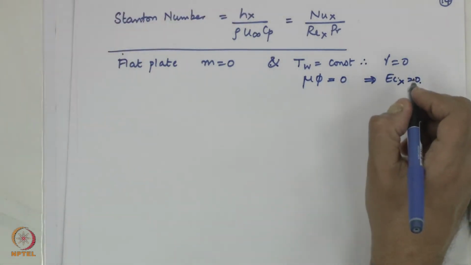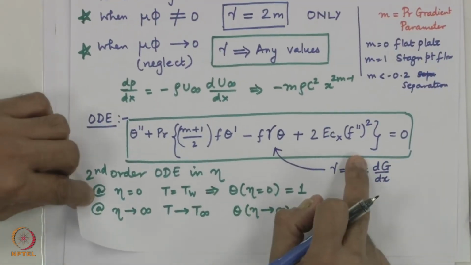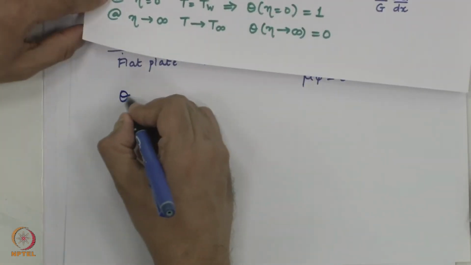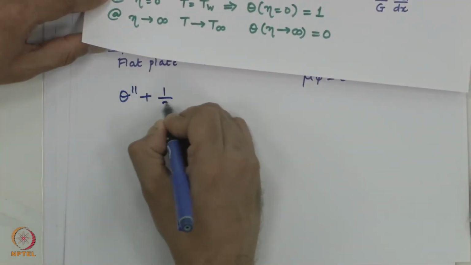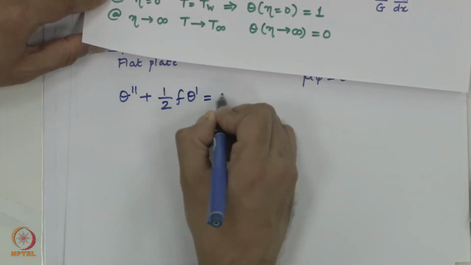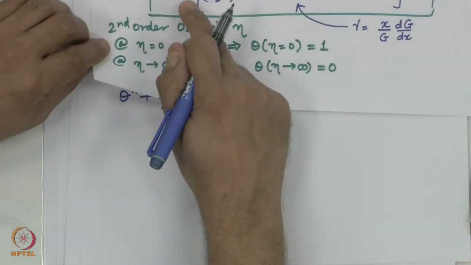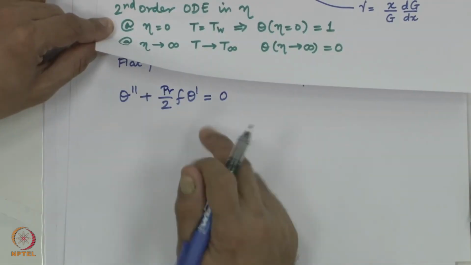What does my governing equation become? When gamma is 0, Eckert number is 0, and m is equal to 0, I get theta double prime plus Pr by 2 f theta prime equal to 0.